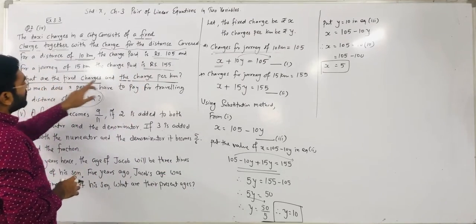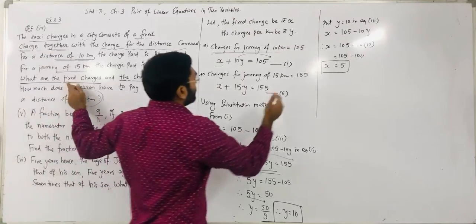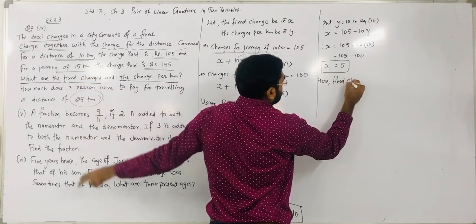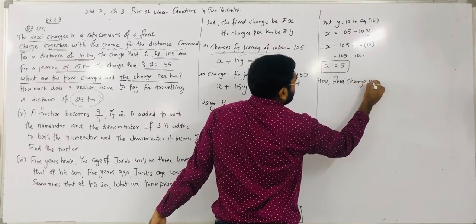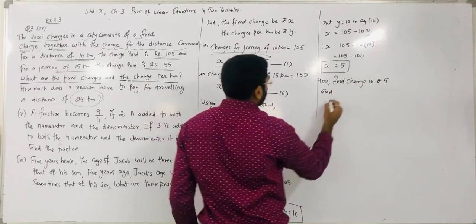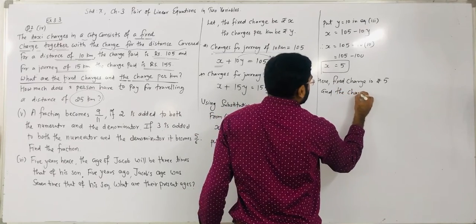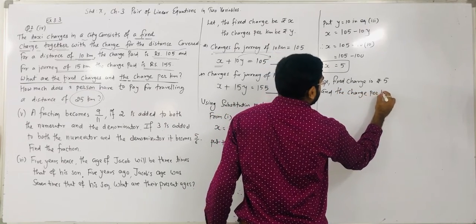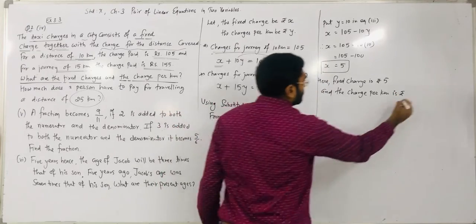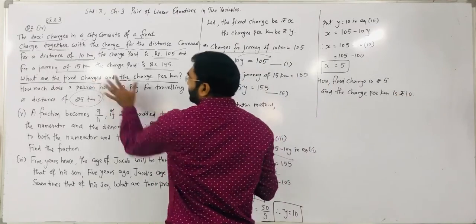So we get the two questions answered. What is the fixed charge? Here the fixed charge is rupees 5, and the charge per kilometer is rupees 10. So we get the two answers.